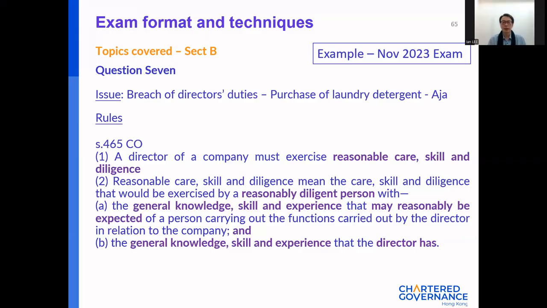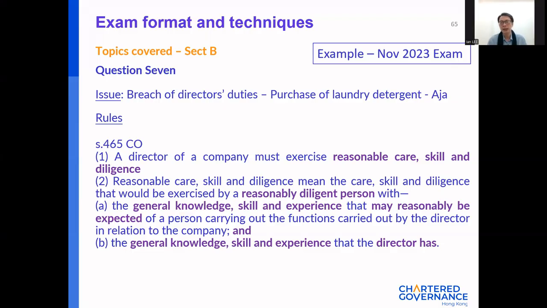So the relevant section, we've seen this before earlier on, is section 465 of the Companies Ordinance. A director of a company must exercise reasonable care, skill, and diligence. And how do you decide what level of care, skill, and diligence is that which will be exercised by a reasonably diligent person, a reasonable, careful person, and it will be based on the objective test that you would expect of someone holding that position of a director of that company, and the subjective test is the actual knowledge, skill, and experience of that particular director.